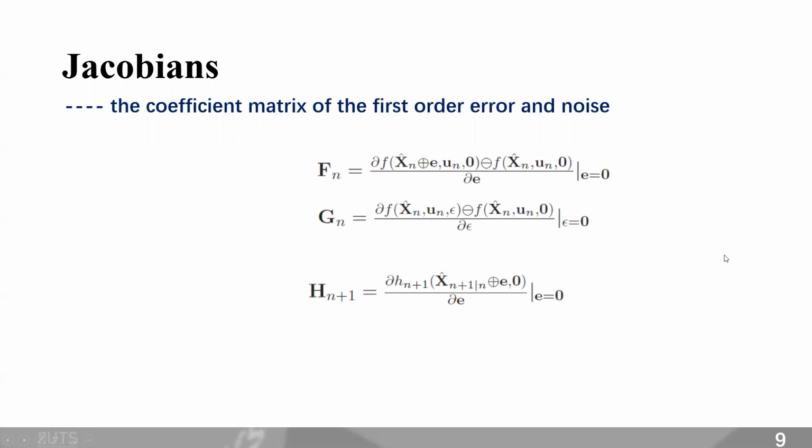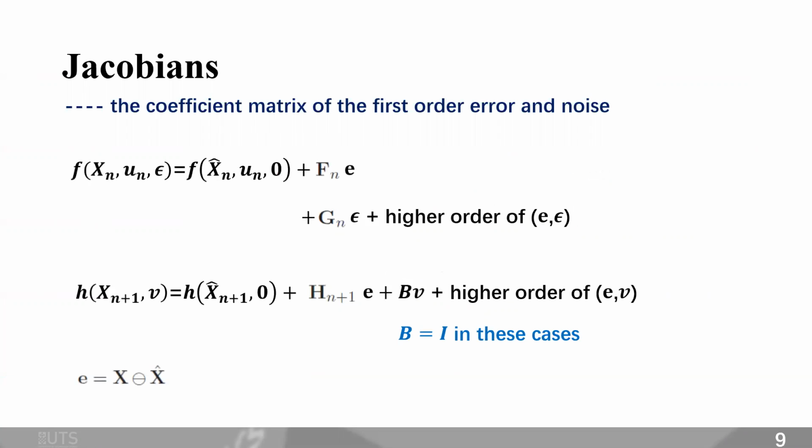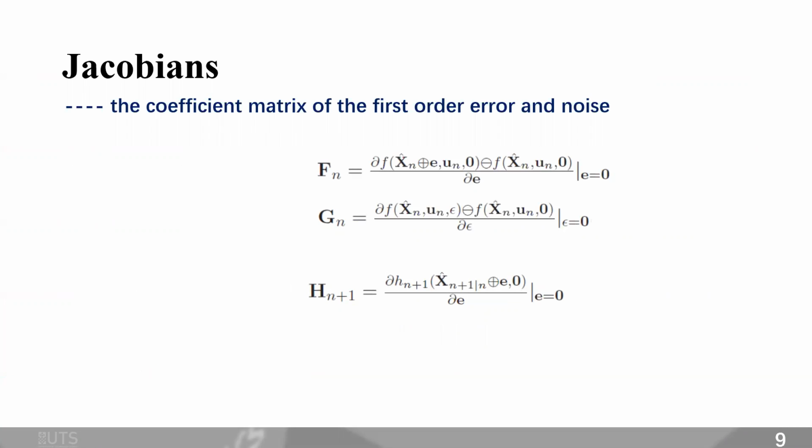I'm not an expert in EKF, as I think most of you know. Sorry, the previous page. Yeah. So here the Fn, Gn, and Hn are the Jacobians, right? Right. Can you explain why there is a minus on Fn and Gn, and there's no minus on Hn?